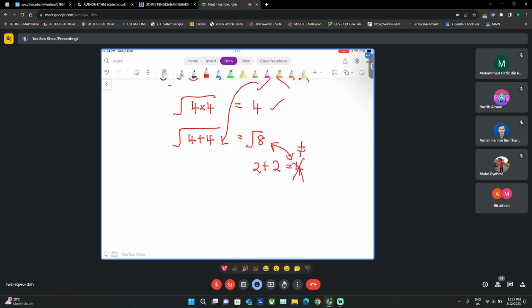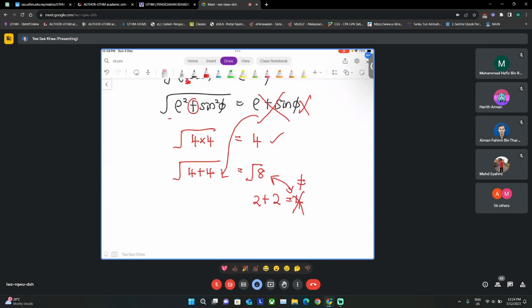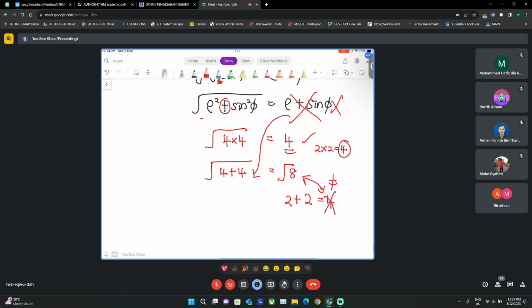This is wrong. But for this one, it will become 2 multiplied 2, which equals 4, which is the same as this one. So many of you made this mistake in the test. You simply remove the square root, so in the end you cannot get the correct shape of your ellipse.